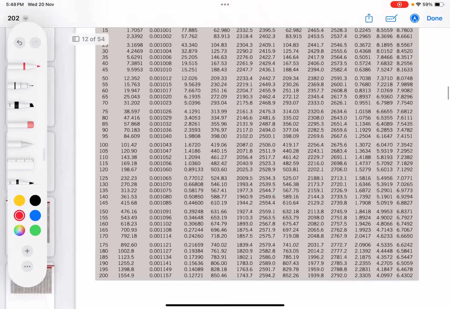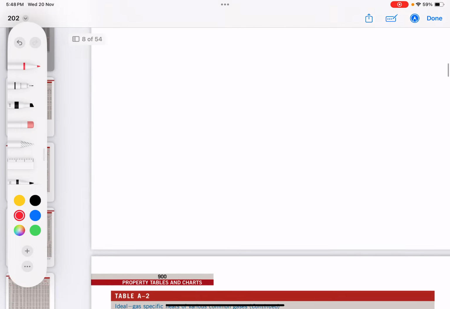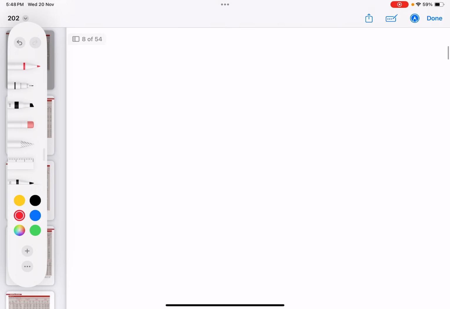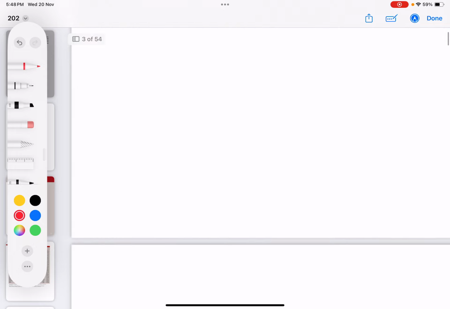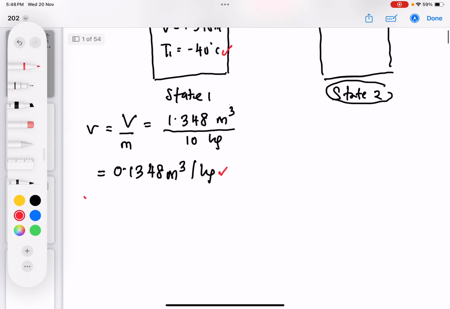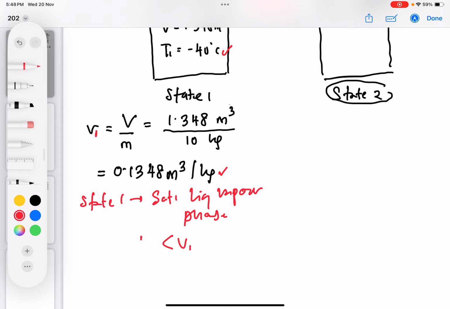So going back to here, I can conclude that state 1 is in the saturated liquid vapor phase. Why? Because my v1 is located in between saturated liquid and saturated vapor.